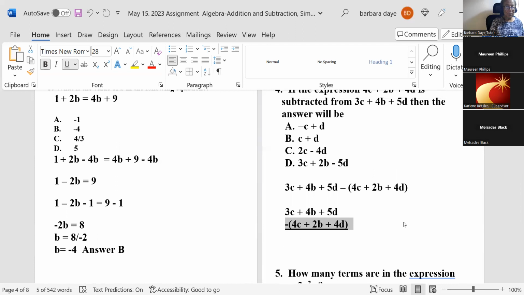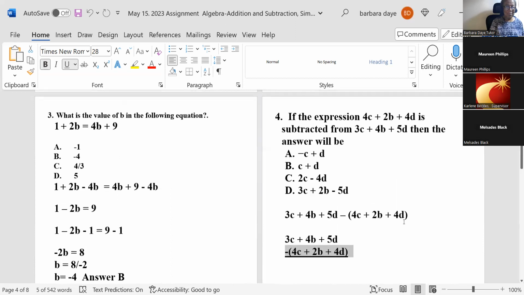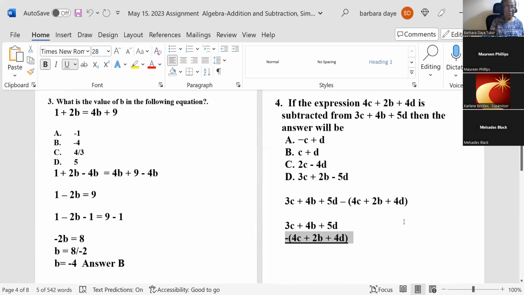I'm not sure how to do this one because I don't remember if I should change the sign. Let's start from right to left, subtracting this algebraic expression from this one. So for D, subtracting 4D from 5D is 1D.